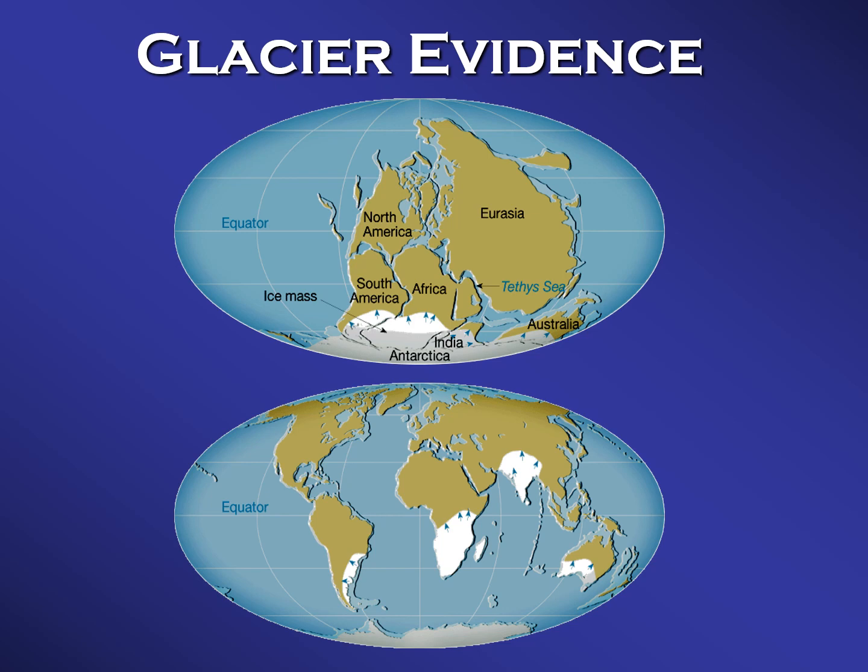So that indicated to Wegner that, oh, maybe India has moved from a polar climate to a tropical climate. Now, geologists could say, well, maybe there was just an ice age that was so big, it covered the entire planet, and so even tropical places were cold enough at that moment to get glaciation. And that is, of course, a possibility. But it's another piece of evidence that suggested that maybe the continents have moved.